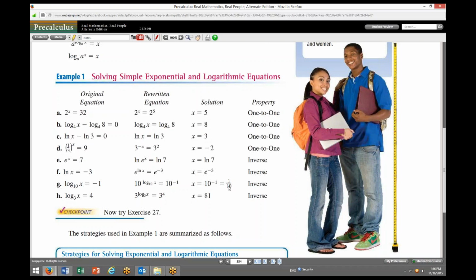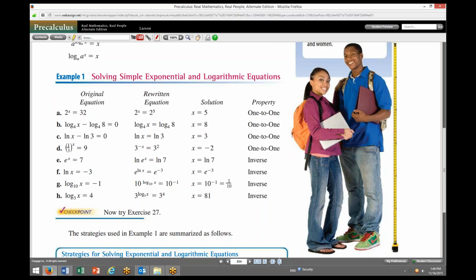And yes, you can then use your calculator and plug in e to the power of negative 3 and find out exactly what that is. It's a small number between 0 and 1. But essentially, we've solved it now. And saying e to the negative 3 is okay, depending on WebAssign, depending on the context.